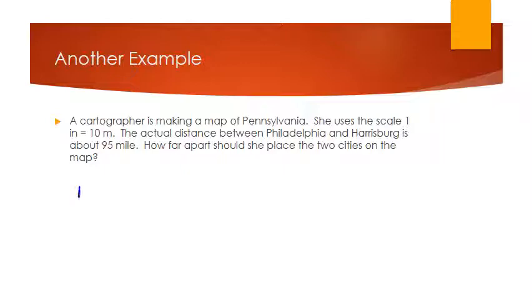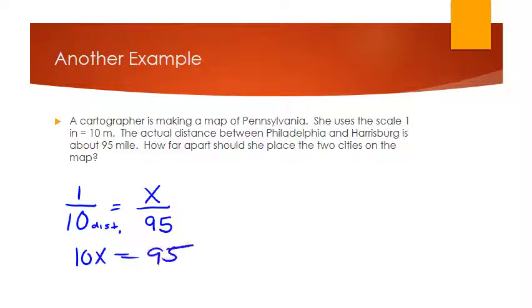So if I have a scale factor of 1 inch to 10 miles, we know that their actual distance is 95, and we're trying to find what it should be on the map. So our x would go with the 1 because that's 1 inch on the map. So I'm going to cross multiply and get 10x equals 95, and if I divide by 10, x equals 9.5.